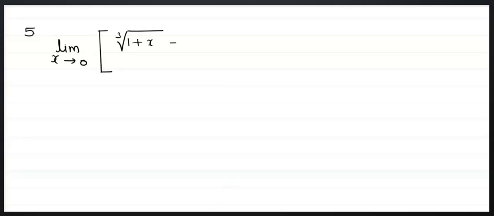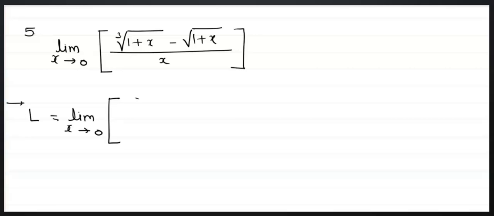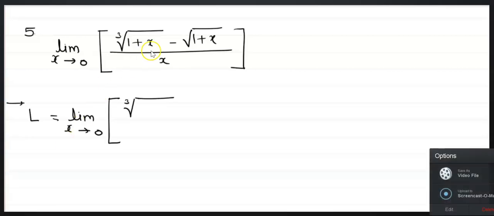Now the next is question number 5. Limit x tends to 0 of cubic root of 1 plus x minus square root of 1 plus x, upon x.